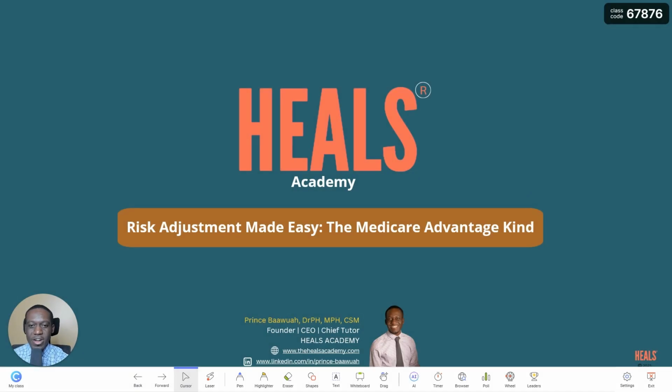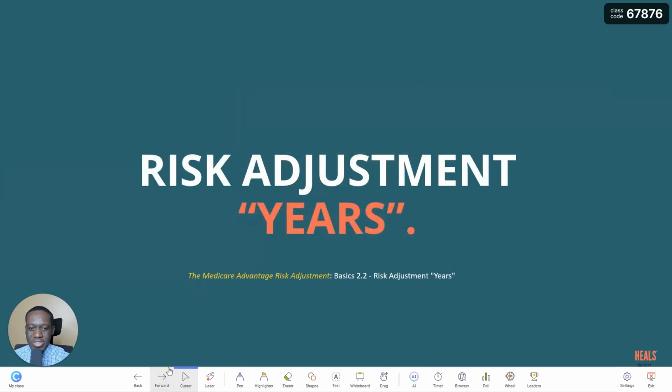We will go on to our lesson for today, which is on the Medicare risk adjustment years. We've been doing that for the past month and also for this month, and the corresponding cheat sheet for this series is the Medicare Advantage Risk Adjustment Basics 2.2 Risk Adjustment Years. And I always say, when I started on my risk adjustment journey, one question that I wish I knew to ask whenever people talk about risk adjustment years was, which year are you talking about?